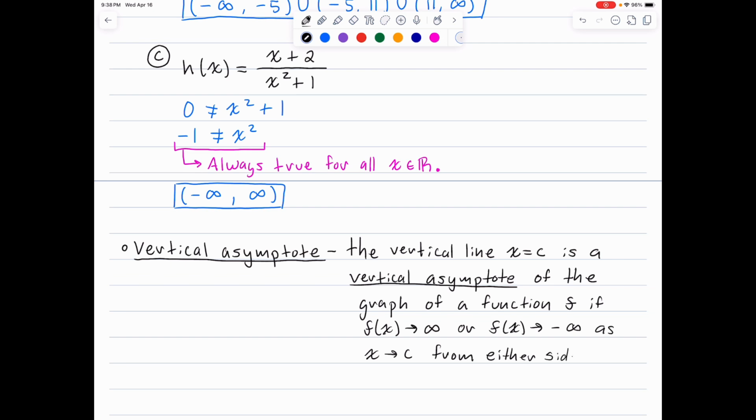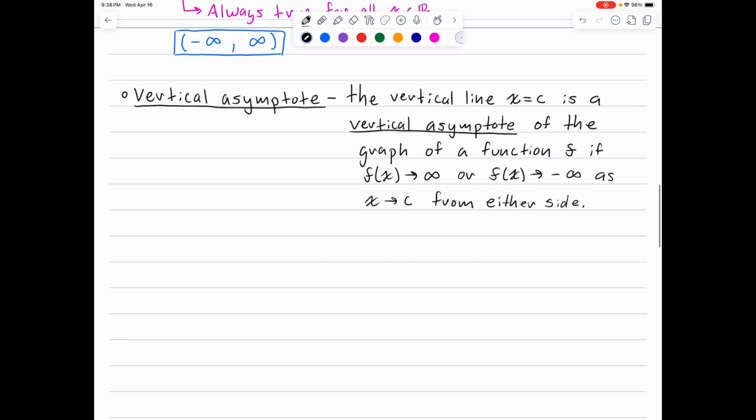Okay. So I think it's a little bit easier to see this visually. So I have the 4 types of vertical asymptotes for us to see.